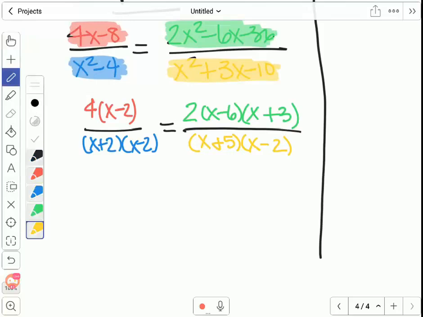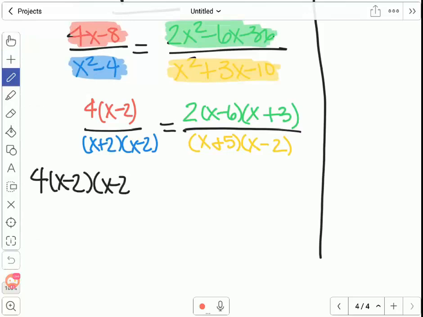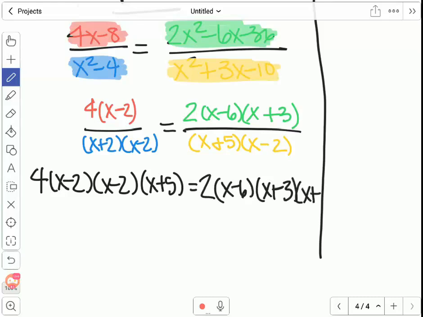Okay, so once we cross multiply, we end up with 4 times x minus 2 times x minus 2 times x plus 5 equals 2 times x minus 6 times x plus 3 times x plus 2 times x minus 2. And I'm looking for things that are the same on both sides that I can cancel out. So I can cancel out an x minus 2 from each one, and that is it.